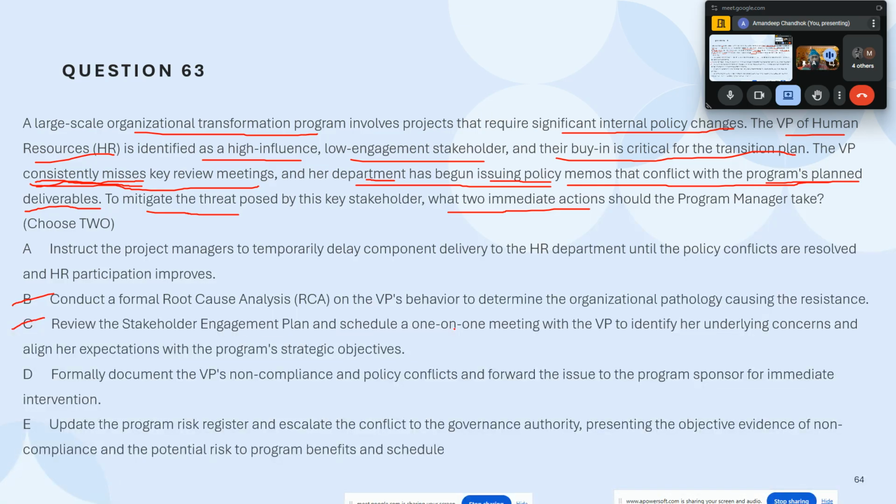In the exam, you're not going to have choose two. In the exam, it's going to say choose all that apply. That's a keyword. What is the percentage of such questions in the exam? Again, everyone has a different percentage. For me, when I gave my exam, I think I had about 3 or 4 questions.